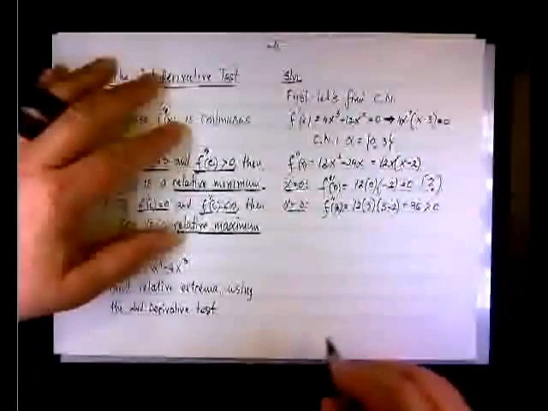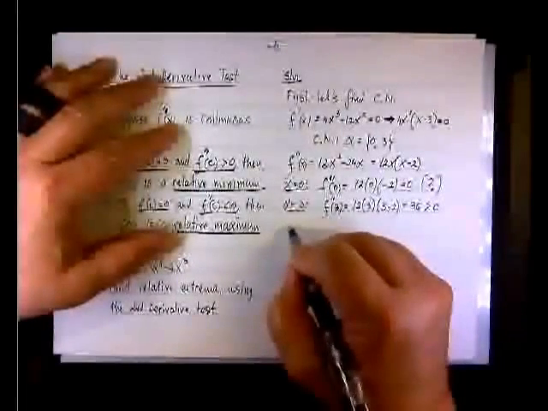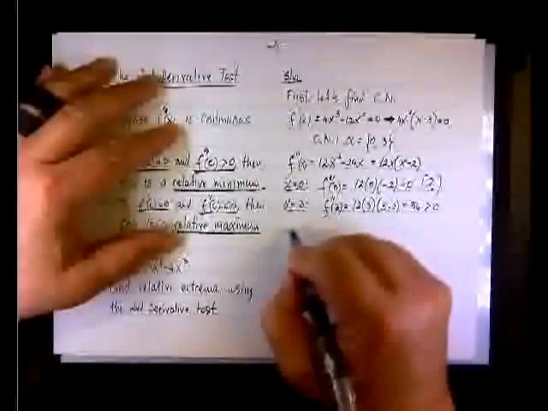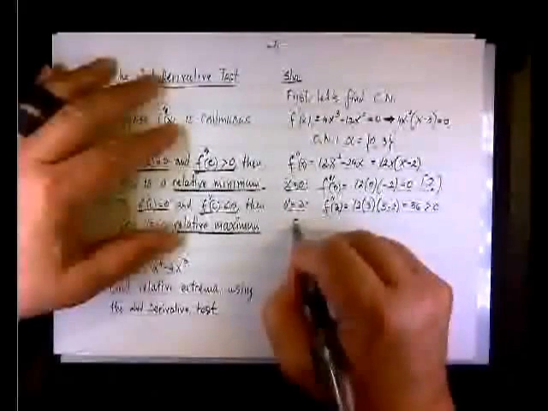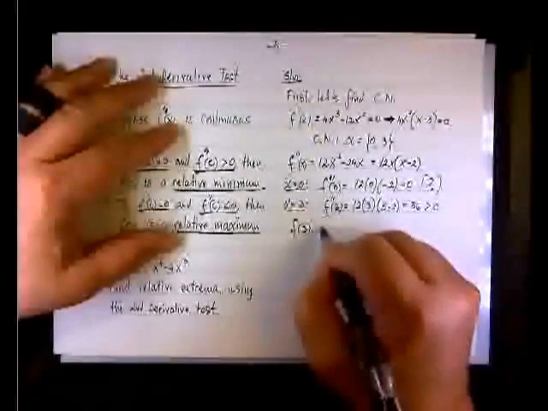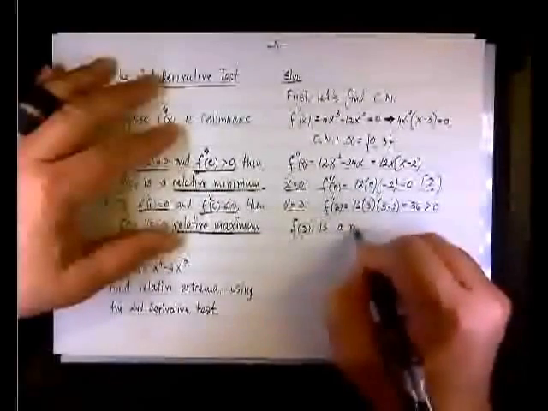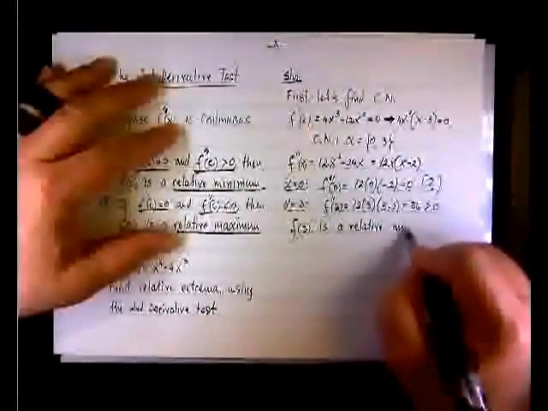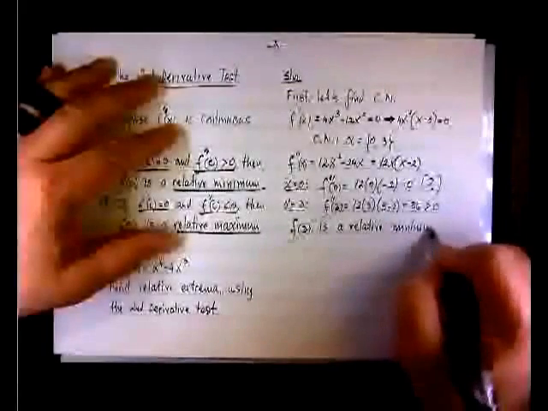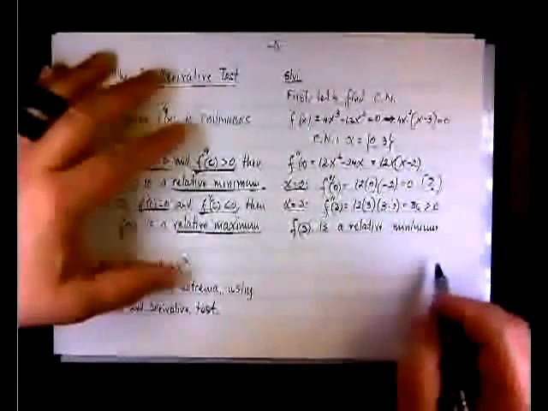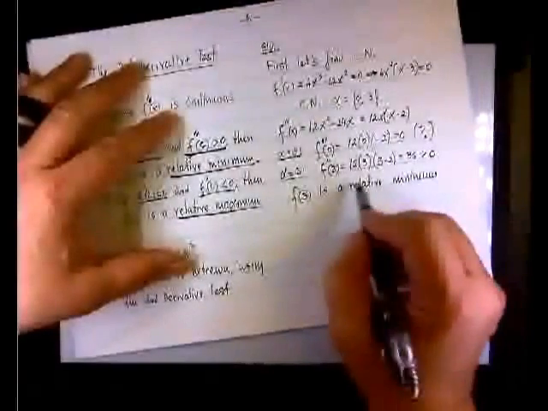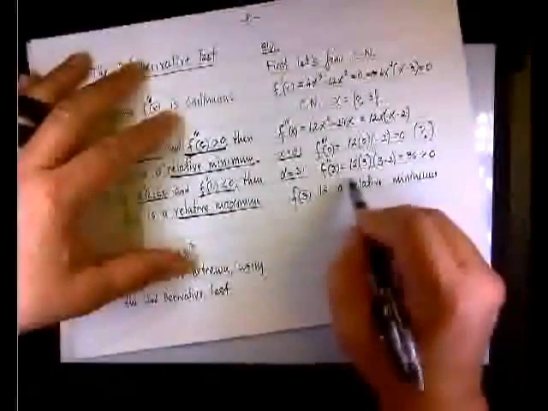So we can conclude that f of 3 is a relative minimum. So this will be the answer.